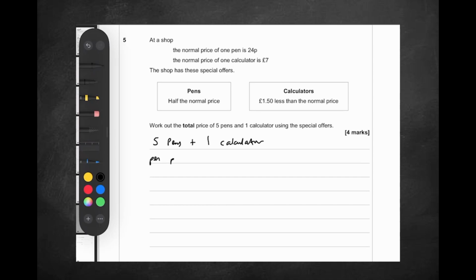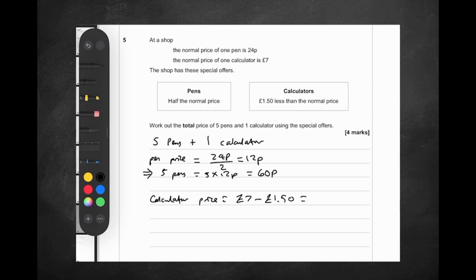So pen price equals 24p divided by 2, which equals 12p. Therefore, 5 pens equals 5 times 12p, or 60p. Calculator price equals £7 minus £1.50, which equals £5.50.